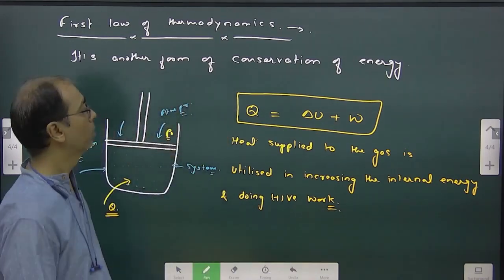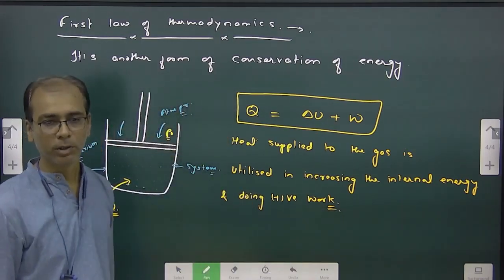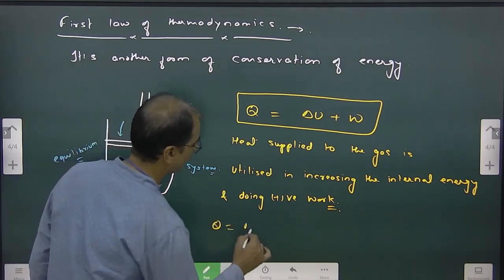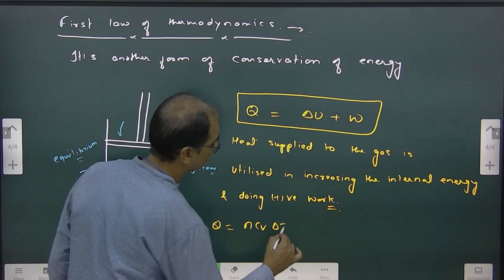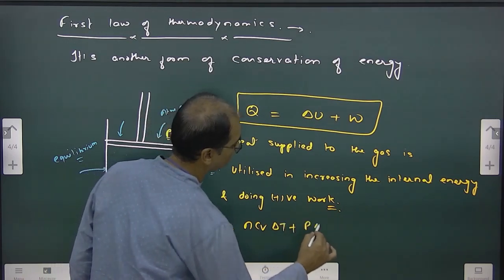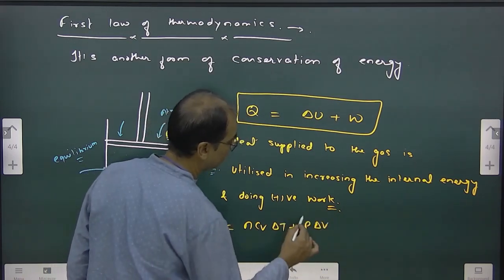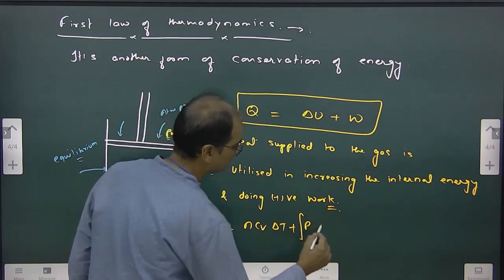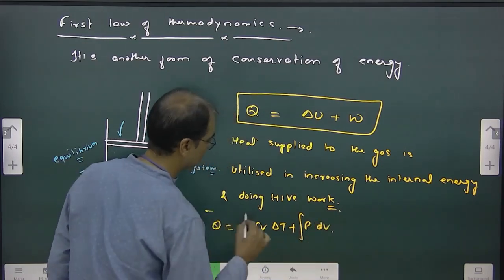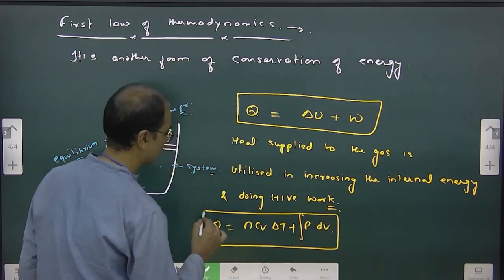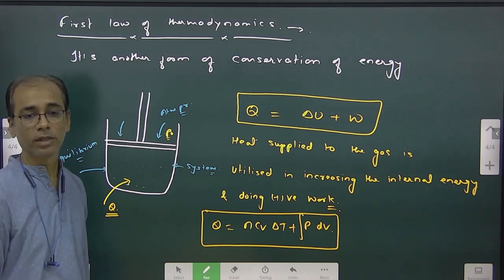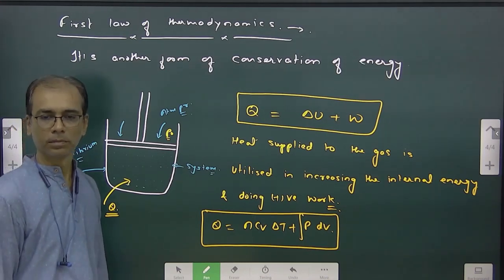So delta Q or Q equals delta U plus W. If we keep the value, nCv delta T plus P delta V if the pressure is constant, otherwise PdV. Right? This is the first law of thermodynamics. Understood that?